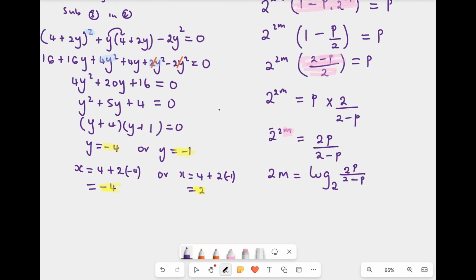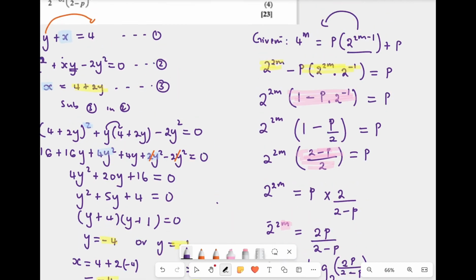So I am going to divide on both sides by 2. If I divide by 2 on both sides, I will have m is equal to 1 over 2. Remember, dividing by 2 and multiplying by 1 over 2 is one and the same thing. Log base 2, and then of a number, the number is 2p over 2 minus p.